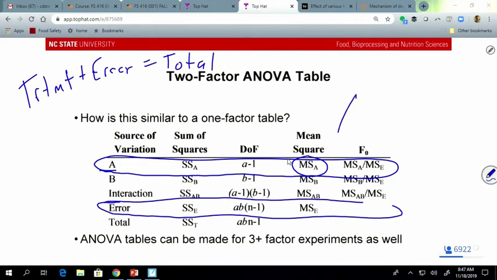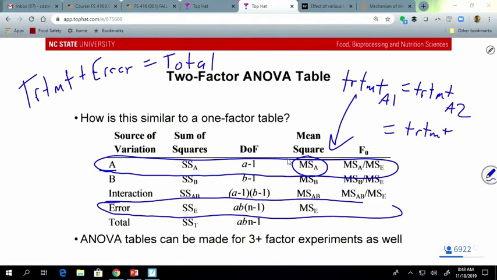in which case we were only interested in one factor, which in this case would be treatment, or factor A, and there's different levels there. So in that case, you would say, let's say treatment A level 1 is the same as treatment A level 2 is the same as treatment A level 3.